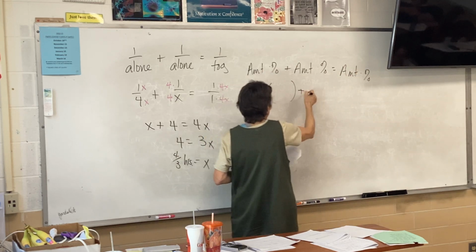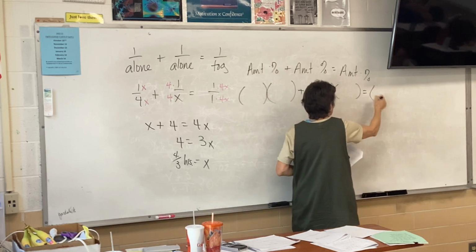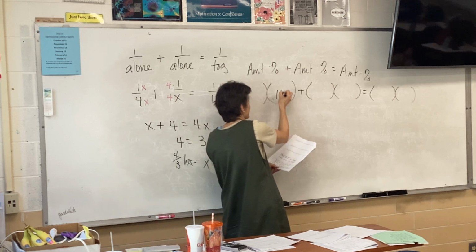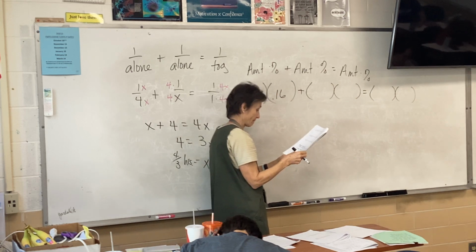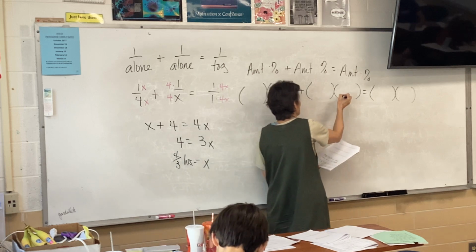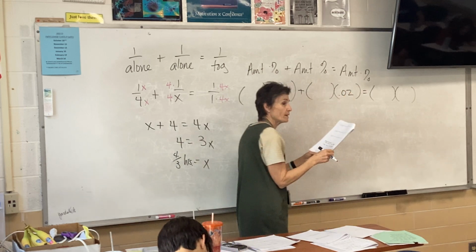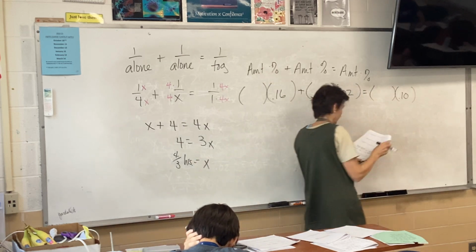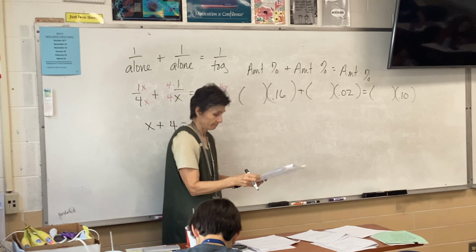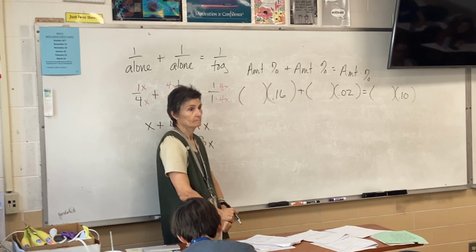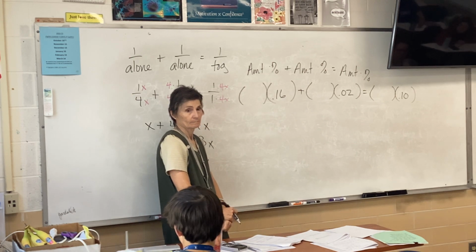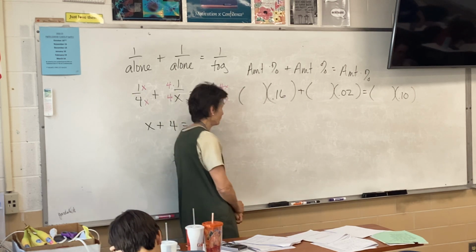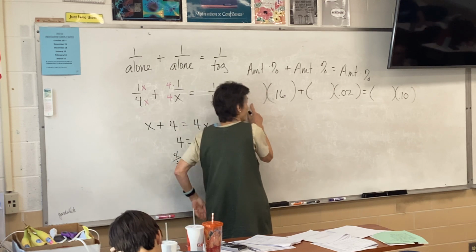What are our percentages in this problem? 16. 2, now remember, 2% is 0.02, and 10%. Right, what are the amounts then? What goes here? How much?